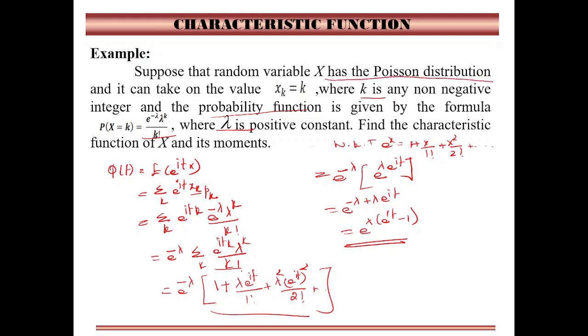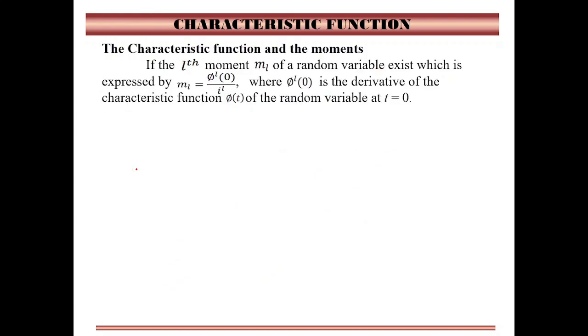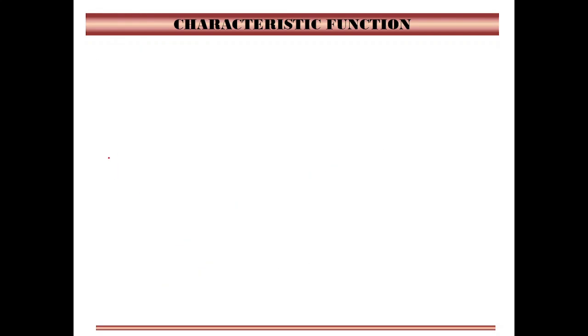Next we find the moments. So already we discussed earlier, the Lth moment is denoted by mL and is expressed by the formula pi L of 0 by I to the power L. Here pi L of 0 is the derivative of the characteristic function pi of t of the random variable at t is equal to 0. Now we are going to find the moments of the Poisson distribution.